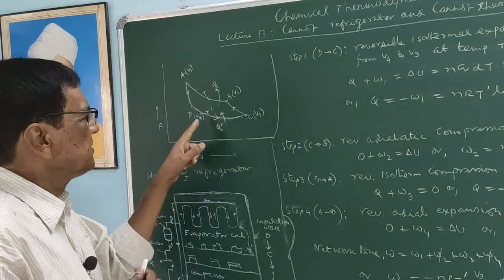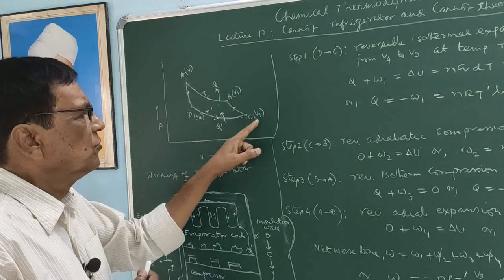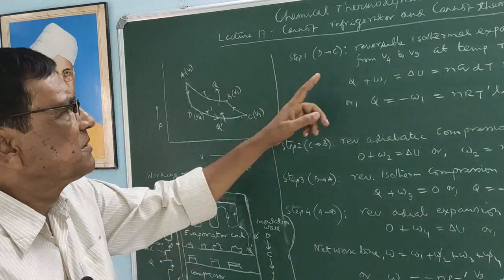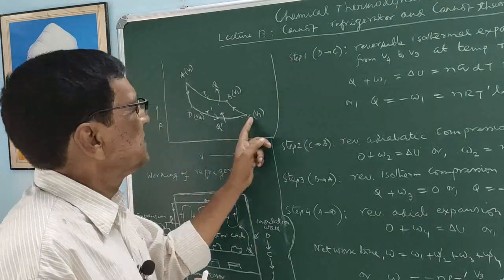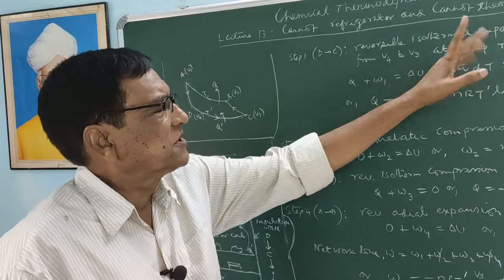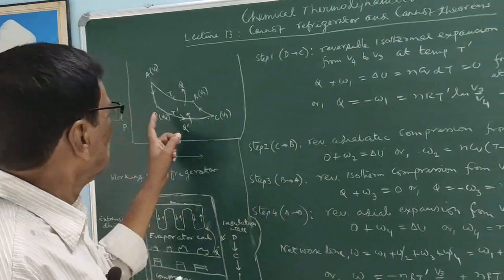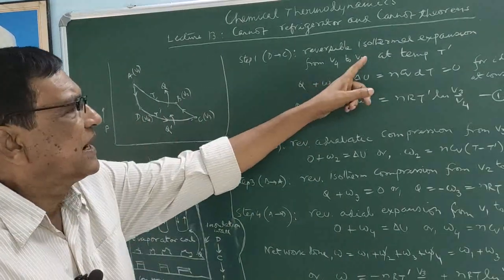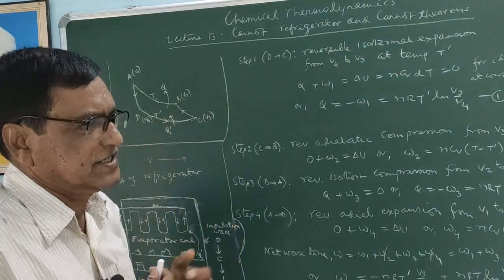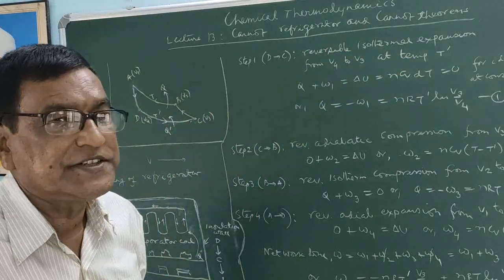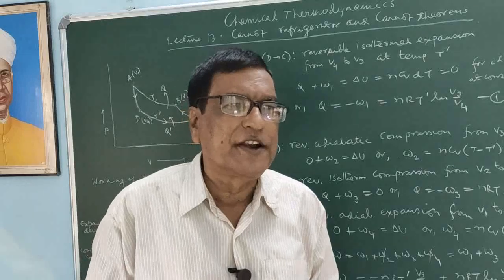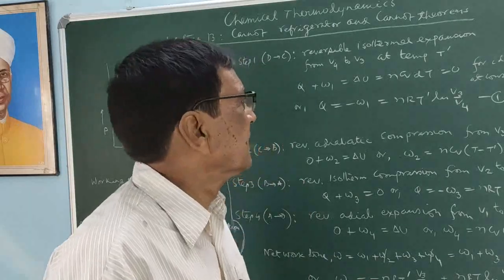Volume is increasing from V4 to V3. So the first step, D to C, is reversible isothermal expansion from volume V4 to V3 at a temperature T dash. T dash is the temperature inside this refrigerator or this LTR.